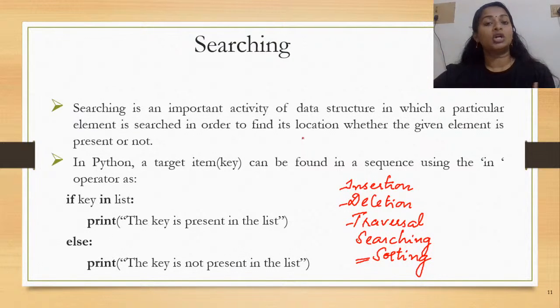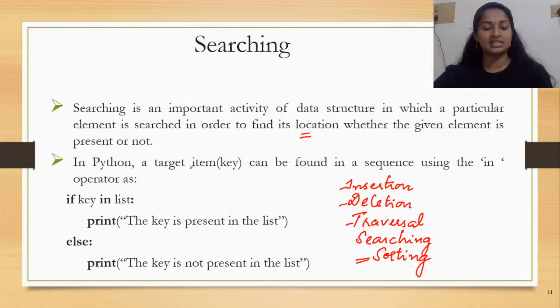It's not only for finding the location. You get the location when you know that the element is present inside the data structure. So the ultimate output, primarily, is whether the key element is present in your data structure or not.